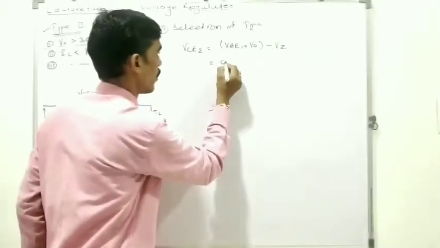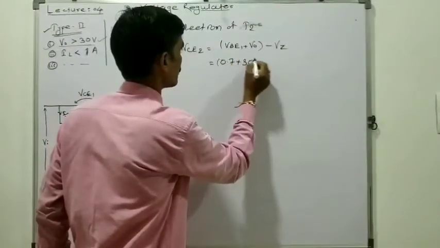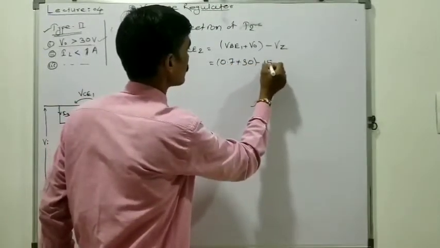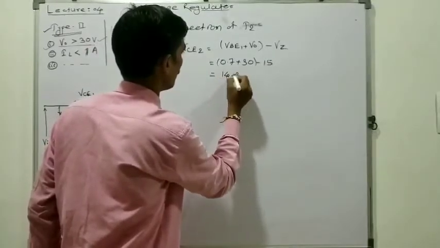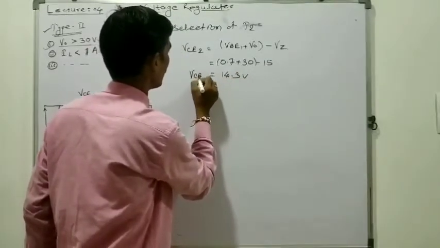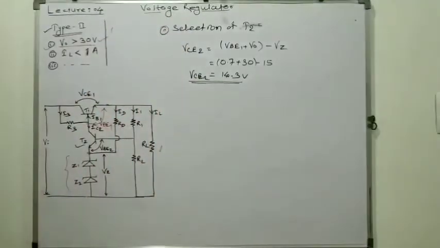So it equals 0.7 plus 30 volt minus 15 volt. So we are getting 14.3 volt as VCE2. Is it right? So this is the VCE2, that is 14.3 volt.